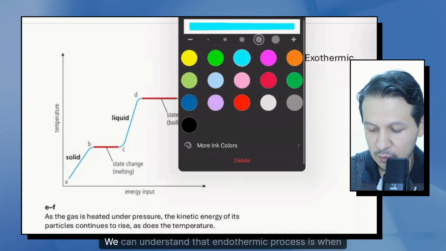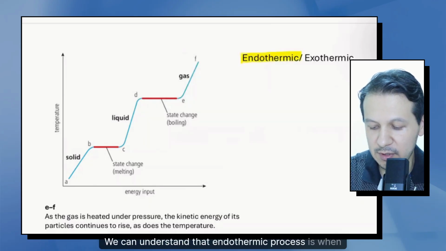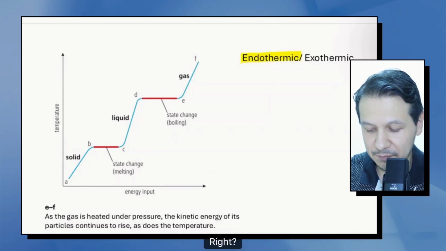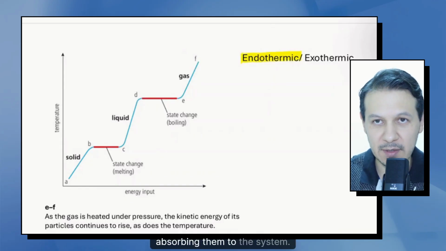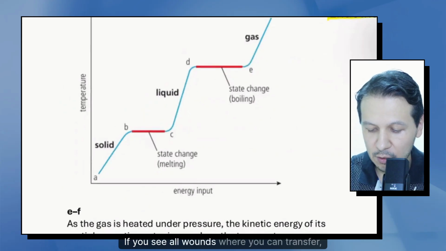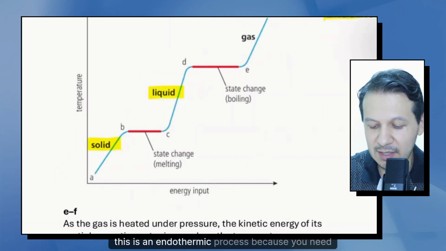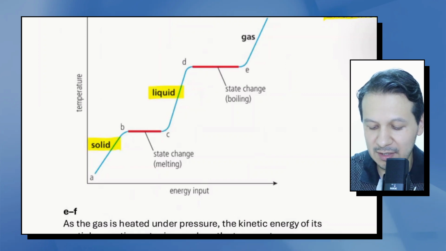An endothermic process is when you are adding energy to the system from the surroundings, absorbing it into the system. When you pass from solid to liquid, this is an endothermic process because you need energy to overcome the melting point, this change of state.